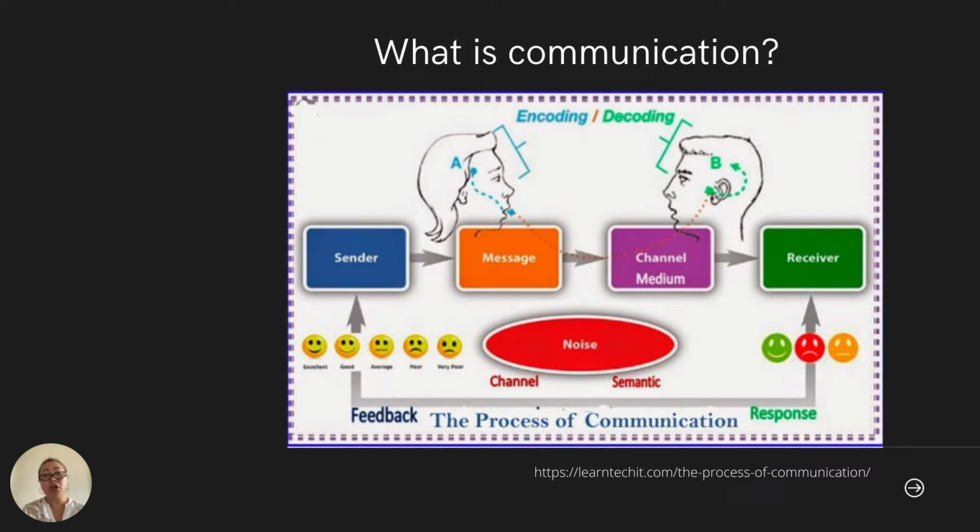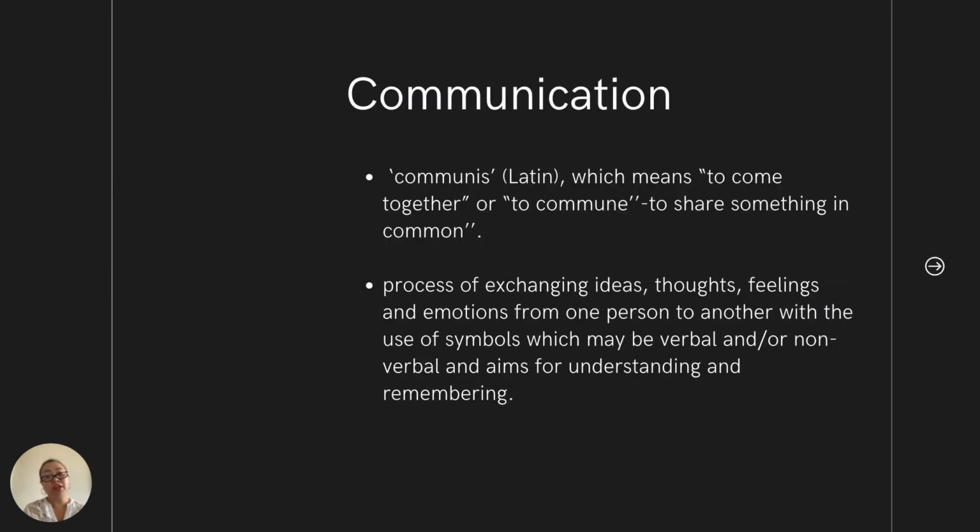In this lesson, you will find out that there are different concepts in communicating, and it's important to be an ethical communicator. Communication comes from the Latin word communis, which means commons. To be common means to come together or to commune.